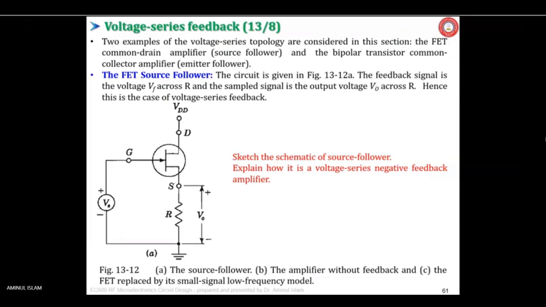There are two things you have to understand: how it is voltage series and how it is negative feedback. Okay, not understanding, but not able to tell. But if I discuss, possibly you will be able to follow.